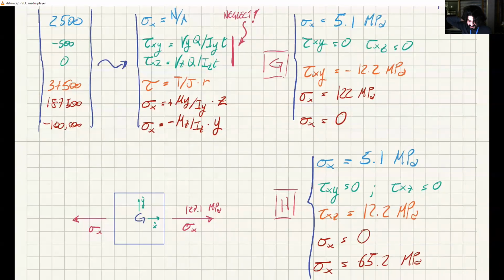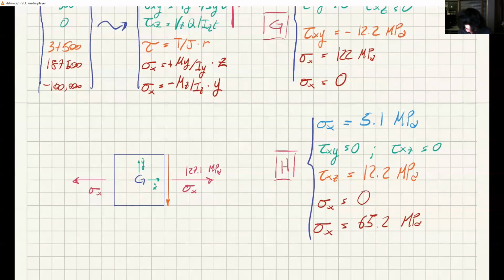And tau xy is negative. So tau xy means tau on the x face, direction y. So it must be opposite to what I'm drawing. And of course, if this is acting in this direction, the opposite one must be acting balancing the other direction.